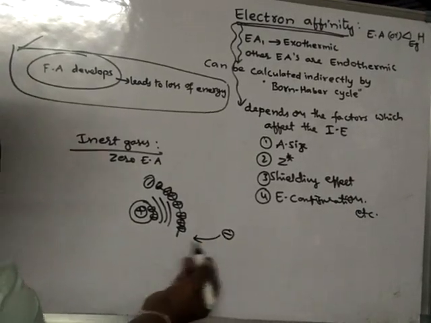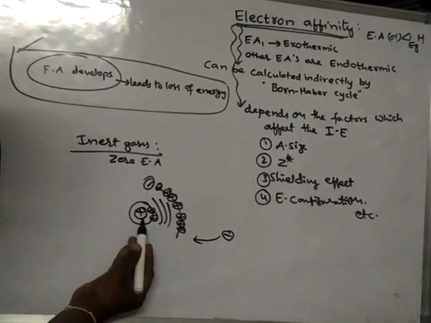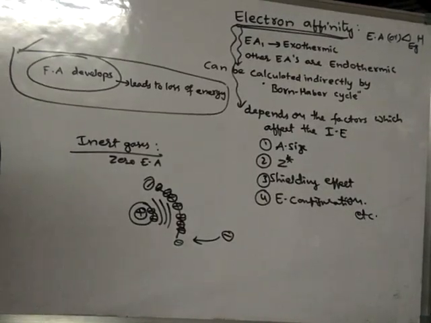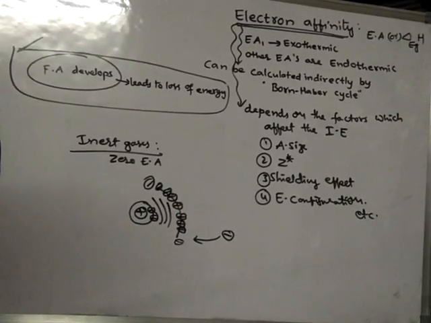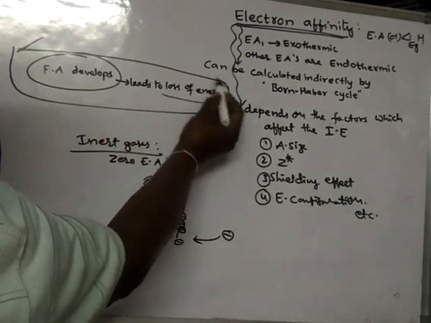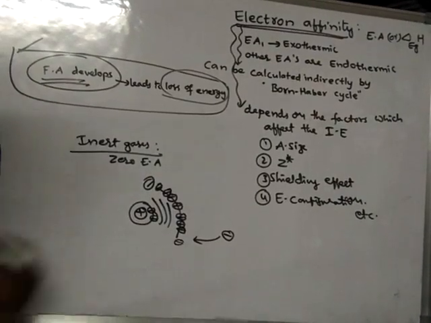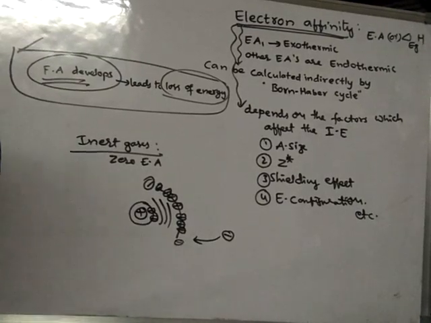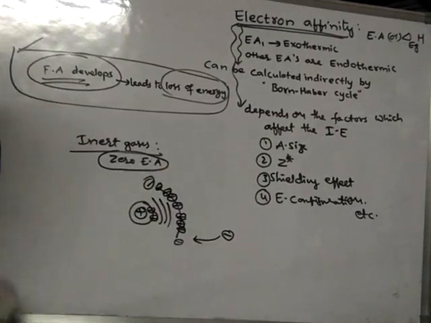As there is no addition of electron, there is no development of force of attraction between the nucleus and the added electron. So new force of attraction is not developed. Hence there is no loss of energy, so the energy lost is zero. That is why the electron affinity of inert gases is said to be zero.